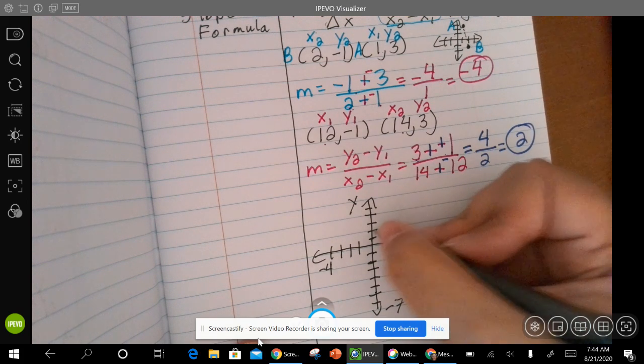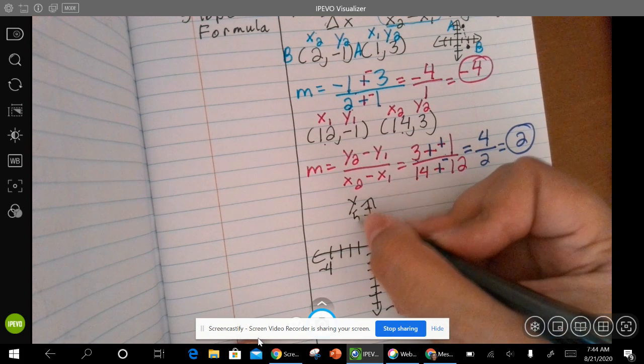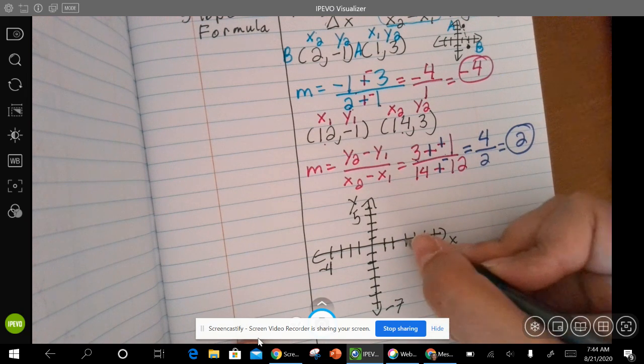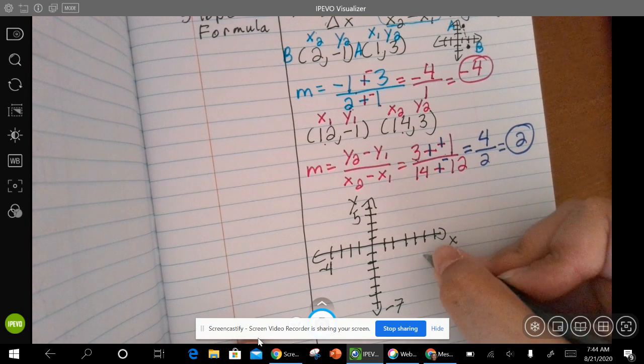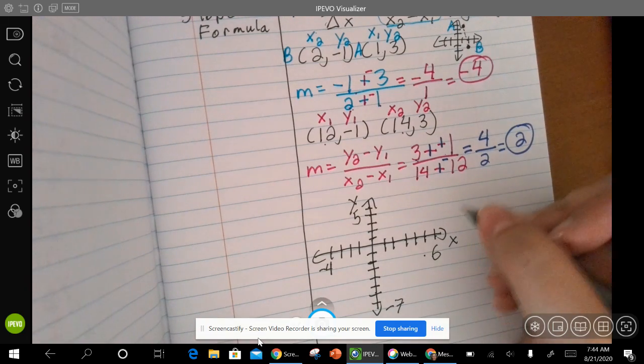Negative 7. 1, 2, 3, 4, 5. Positive 5. 1, 2, 3, 4, 5, 6. 6. Okay, so we're going to look at this.